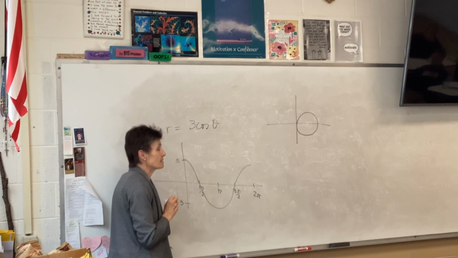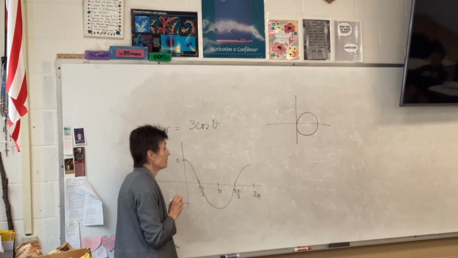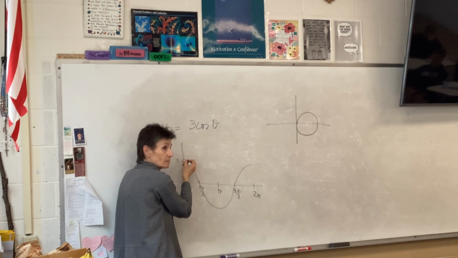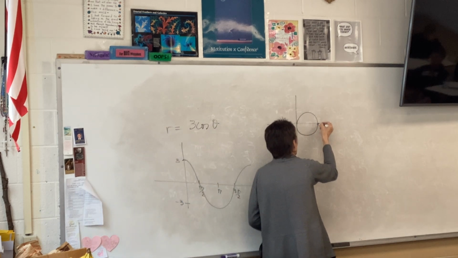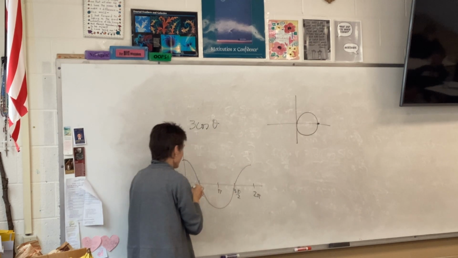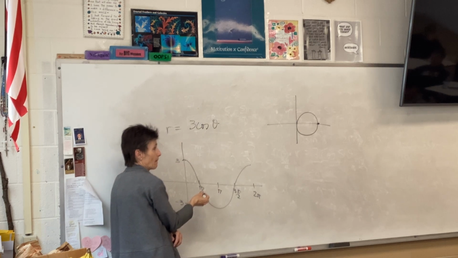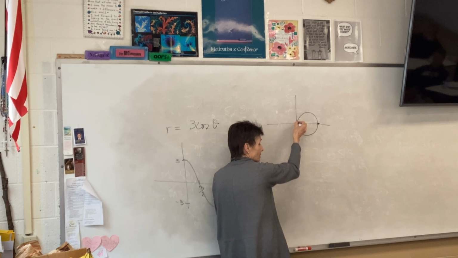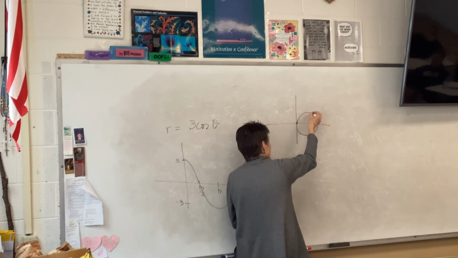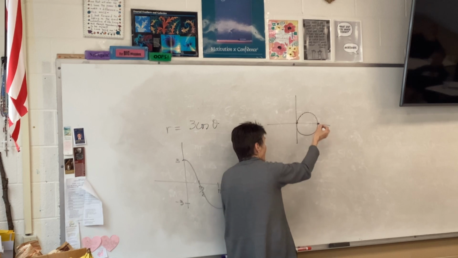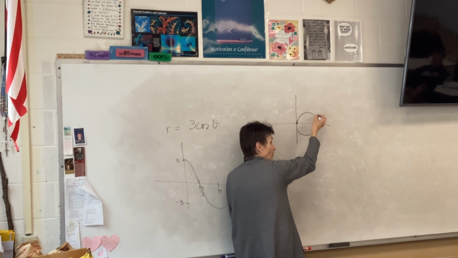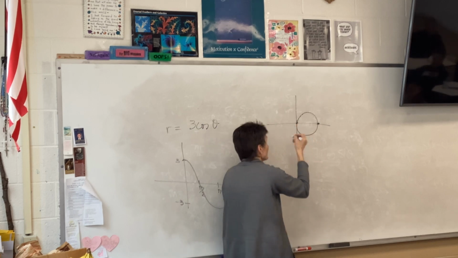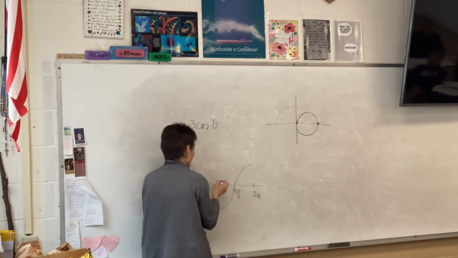Okay, what happens if we put in 0? If we put in 0, we get 3. What happens if we put in pi over 2? We get 0, so that would be right here. So what are all of these? These are all angles between 0 and pi over 2. Would you agree with that? Okay, so what happens if we put in pi?